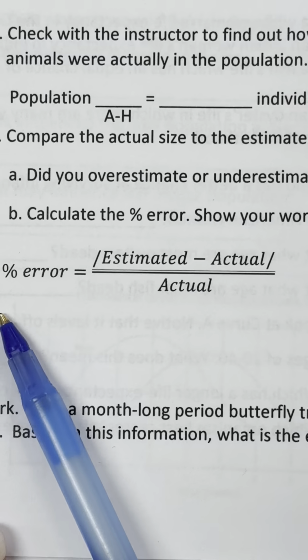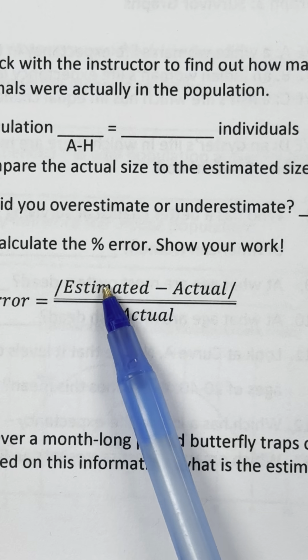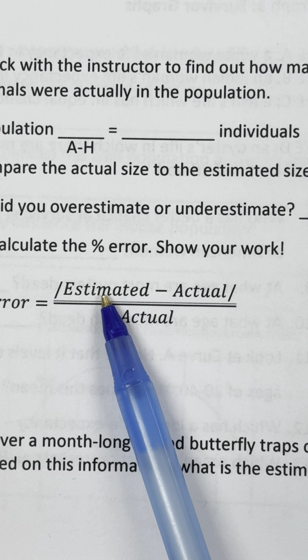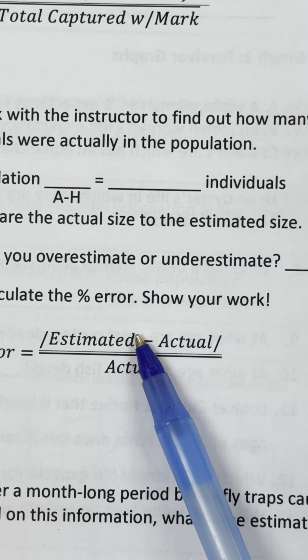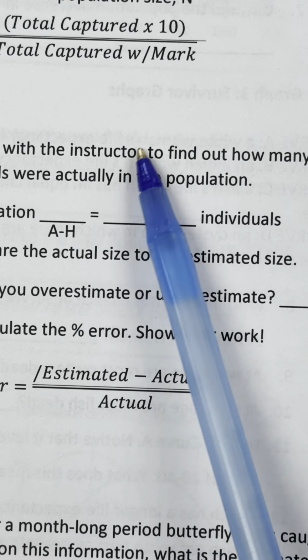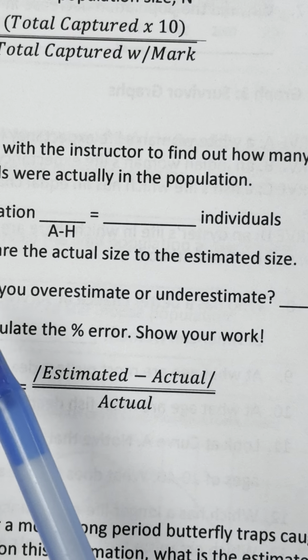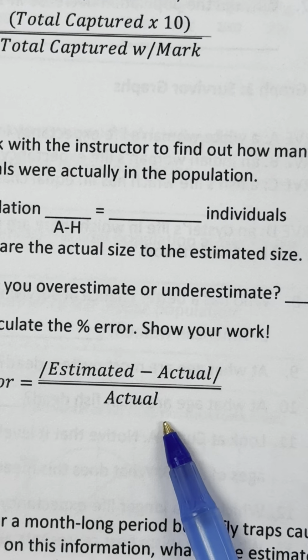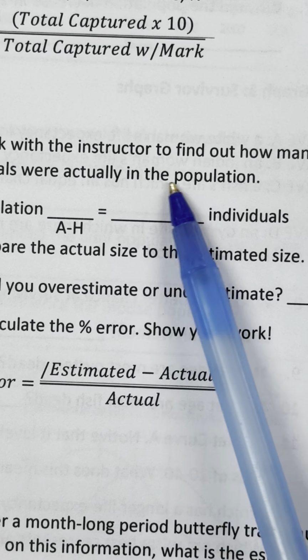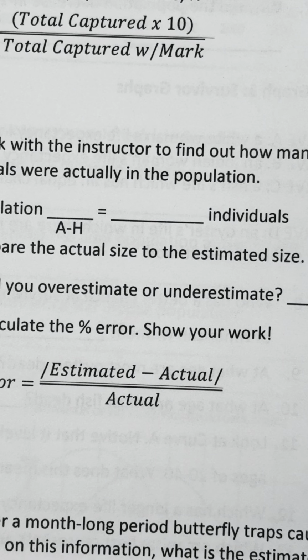So for this one, what you would do is the percent error is equal to the estimated amount, which was this number that you found up here, minus the actual amount, this number that I gave you here. So subtract those first in your calculator, then divide it by the actual amount, which is right here, and that's your percent error.